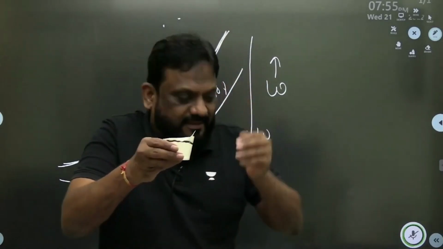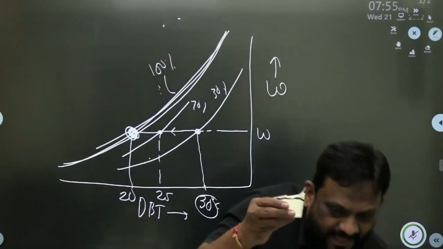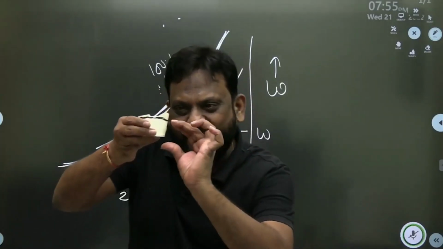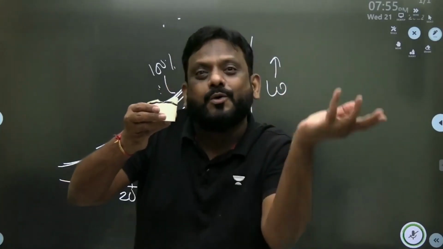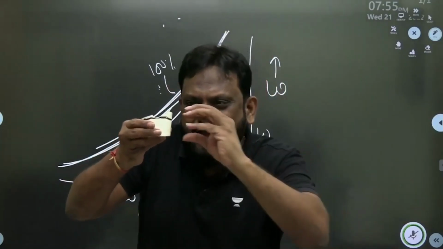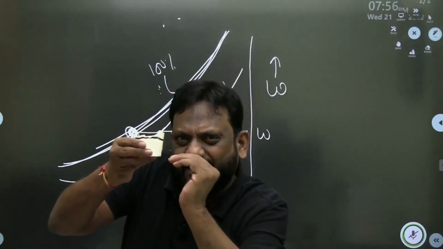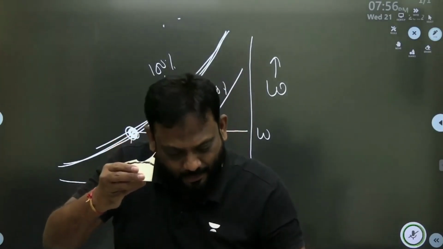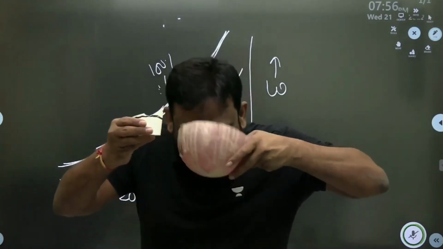Now I will cool it further. Now see, sirs. If I cool it further, what is happening to the absorbing capacity? It decreases. When it decreases, water will come out. Condensation. When I further decrease the temperature, water will come out.